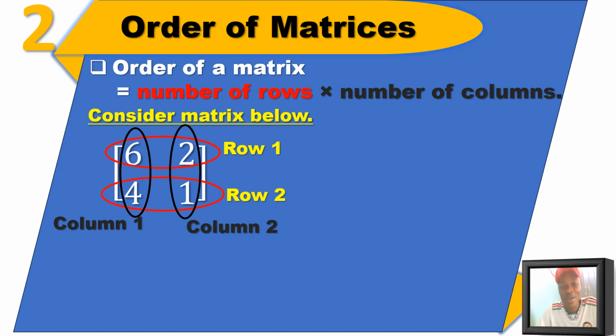So what will the order be? Using this formula, the order of a matrix is given by number of rows by number of columns, so the order of our matrix becomes 2 by 2. You don't give the answer as 4. No, no, no. You just write it the way it is, 2 by 2. Very well. So that is the order of our matrix.